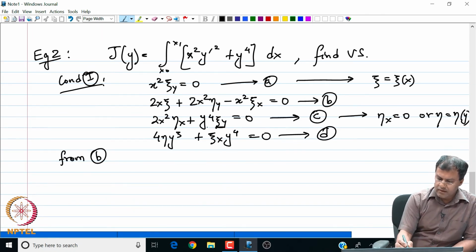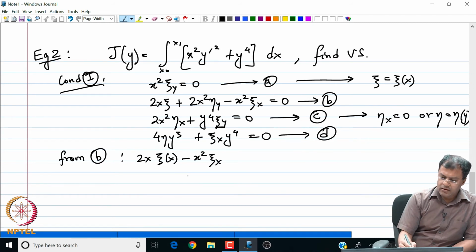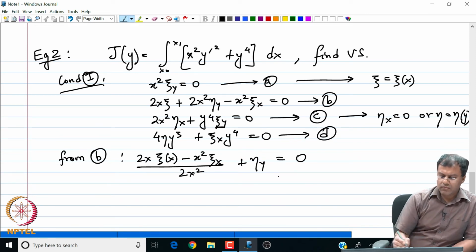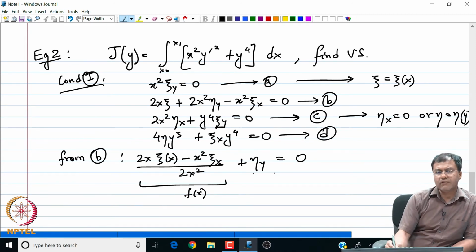From condition B, notice that psi is a function of x. So, I get 2x psi of x minus x square psi of x divided by 2x square plus eta y is equal to 0. And again I see that this is a function purely of x and this is equated to negative of eta y, which is only a function of y.